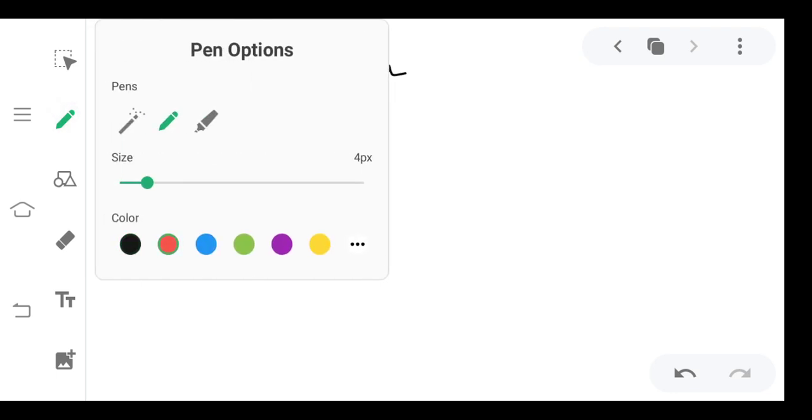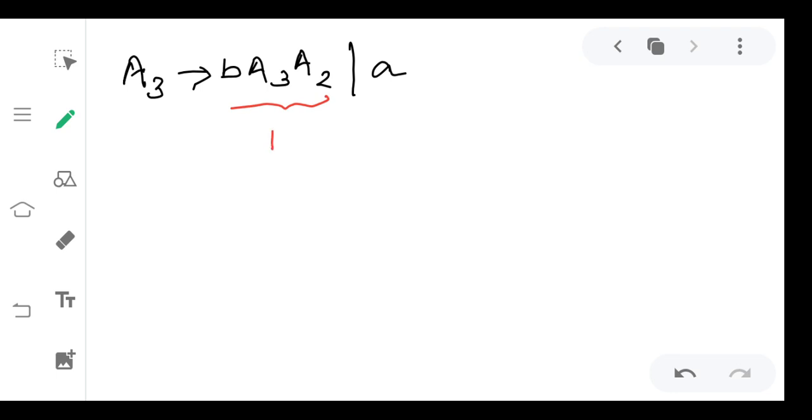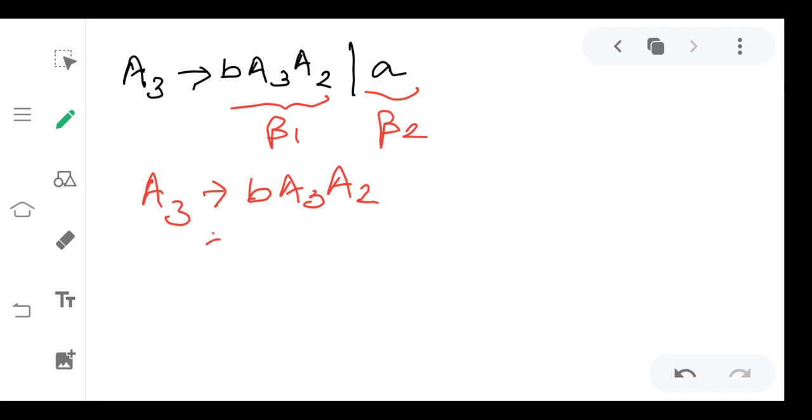So this is our beta 1 and this is our beta 2, which should not start with A3. So since it is not starting with A3, we have to convert this equation as A3 produces b A3 A2, that is beta 1, and another equation beta 1 B3.